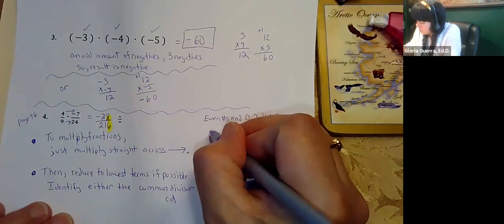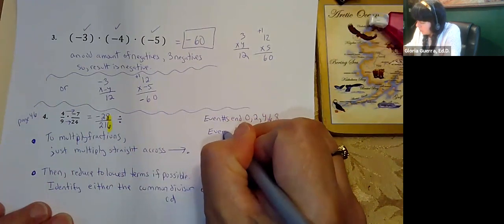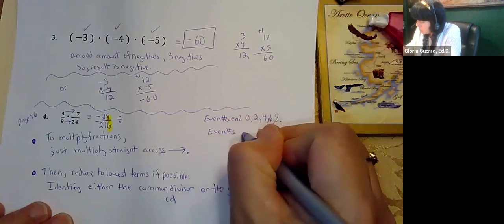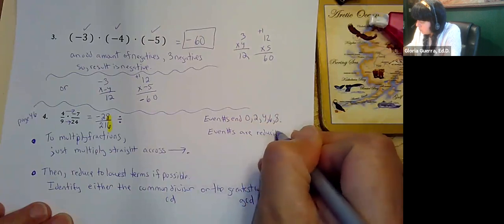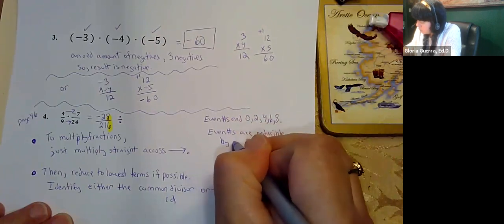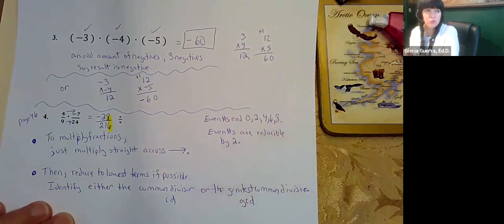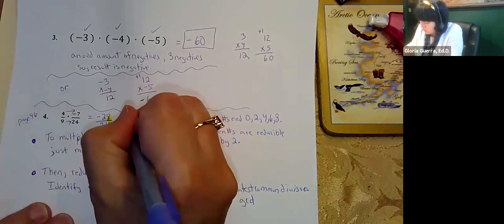And then we also know that even numbers are reducible by 2. So we know that 2 will go into even numbers. That's a sure thing. Feel comfortable with that. So that's why I can start with 2.